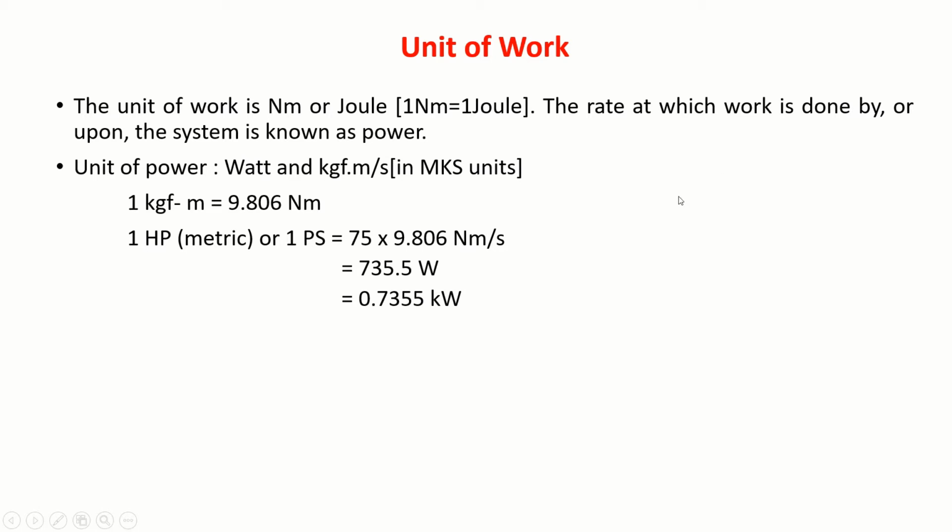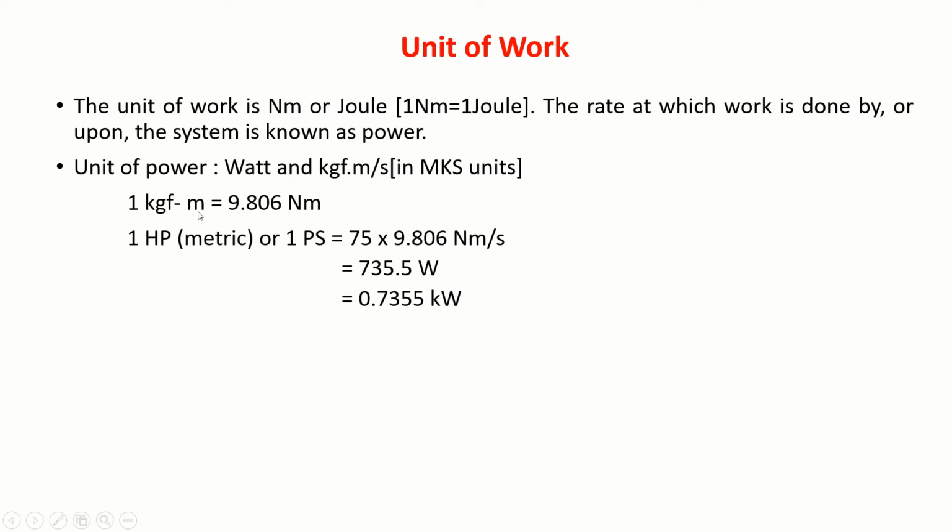So from the original definition of work, suppose I consider 1 horsepower. If 75 kg force meter of work is done per second, we call it 1 horsepower. So 75 kg force meter. I want to convert that into Newton meter.